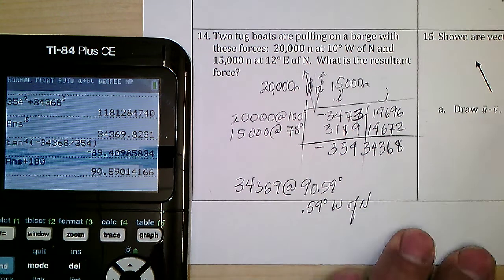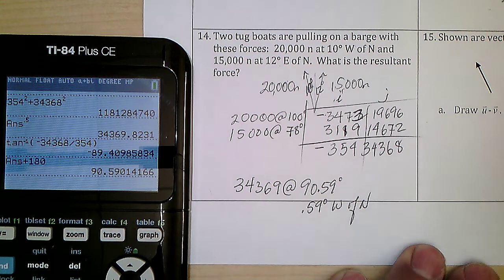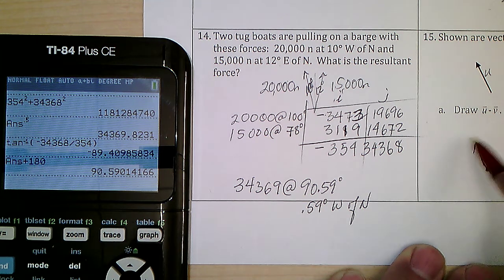Okay, let's do the final one. Draw u minus v. This is supposed to be u, this is v, so u would have to be in that direction, that size. So here's u. So starting here, and then minus v, so that would be not in that direction, that's positive v.